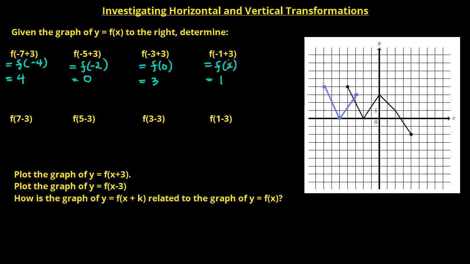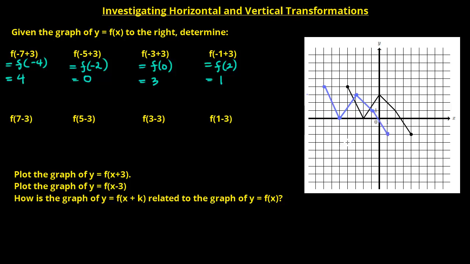I now get f of 2 when x is negative 1. So this point gets translated again 3 units to the left. And you can probably guess that this point as well, I'm going to get f of 4 3 units earlier. So this is another translation 3 units to the left.